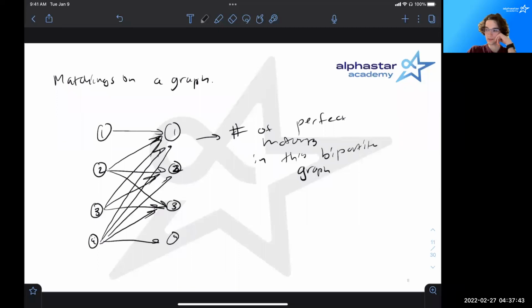So a valid matching could be this, this, this, this. Or you can switch these and so on. It turns out you can't put 4 towards here, because then 2 or 3, depending on which one, you get blocked. That's why 4 has to be matched to itself, because it's the only incoming edge to 4.